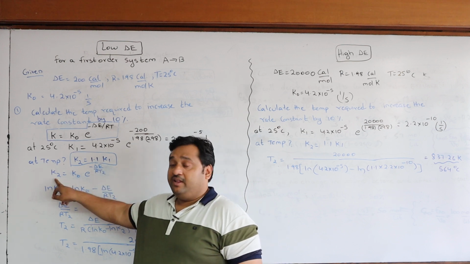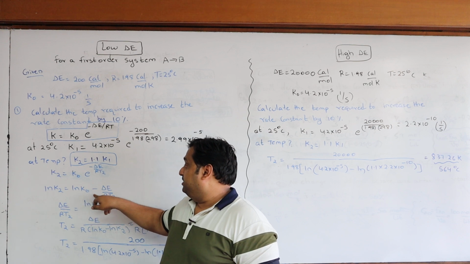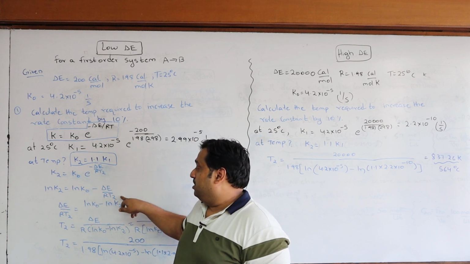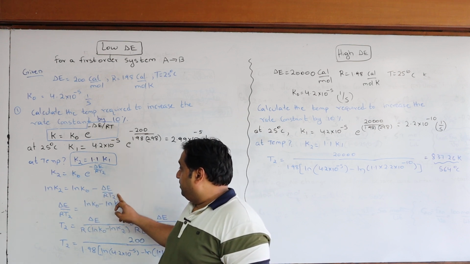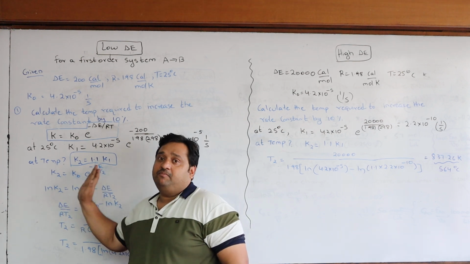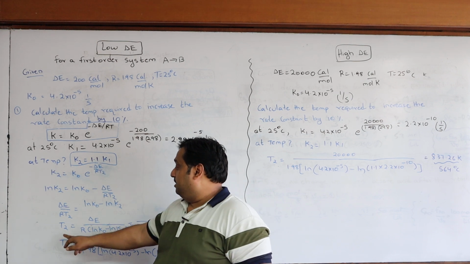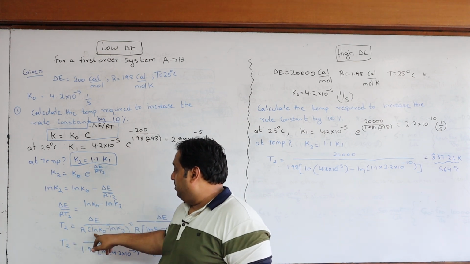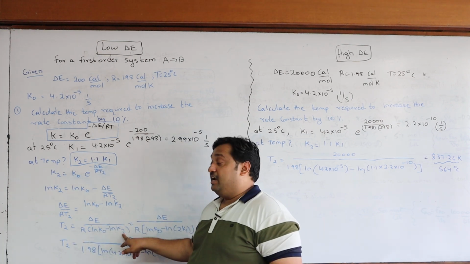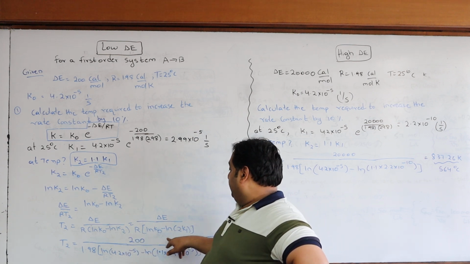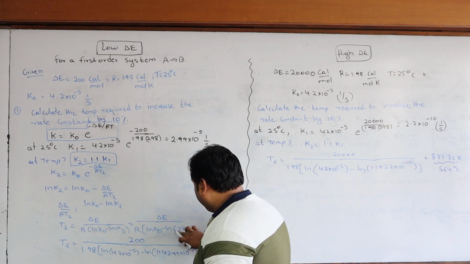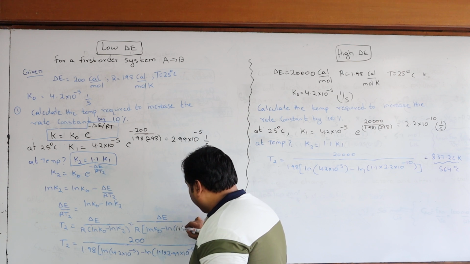If I apply the logarithm, ln K2 is equal to ln K0 minus delta E by RT2. Taking the temperature on the left hand side and the rest on the right hand side, T2 is equal to delta E by R into ln K0 minus ln K2. What is this K2? K2 is 1.1 times K1.